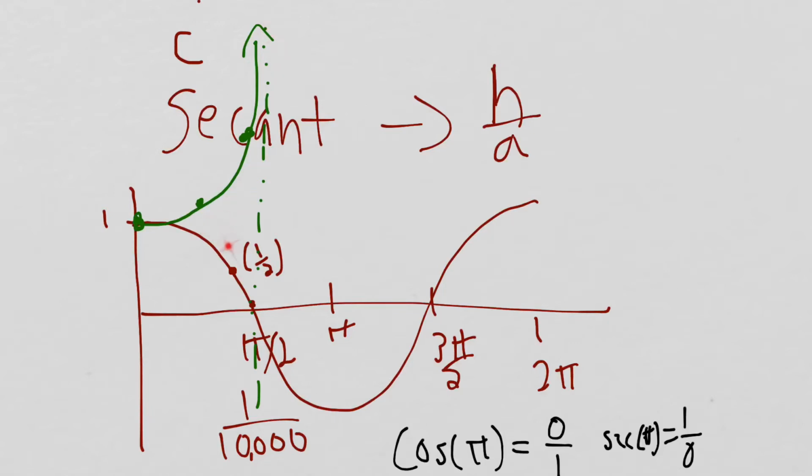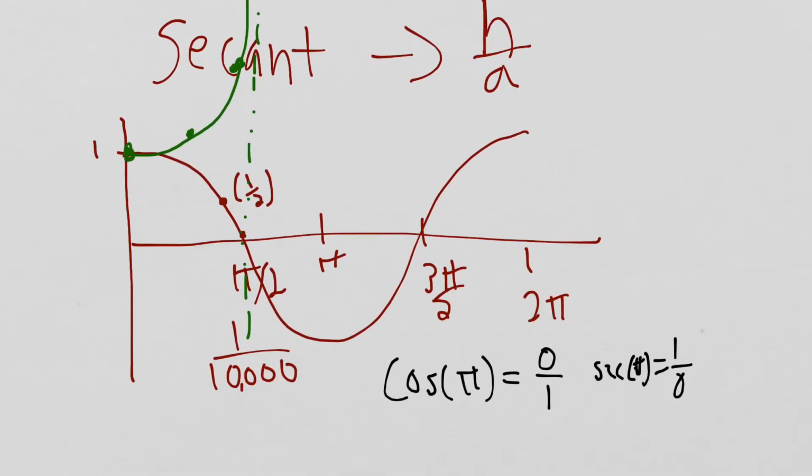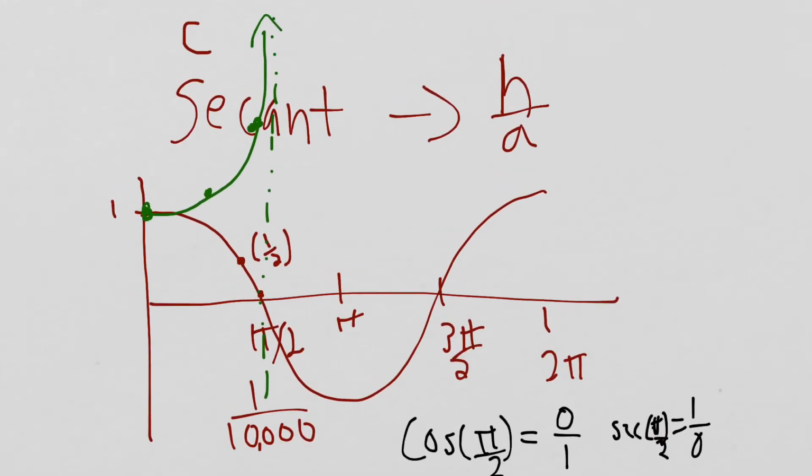So as cosine gets smaller, secant has to get bigger. And then at pi over 2, where cosine is 0, in terms of the unit circle it's 0 over the hypotenuse of 1. So secant of pi over 2 is going to be 1 over 0, which is undefined. So there's a vertical asymptote at pi over 2 for secant. So as cosine gets smaller, secant gets bigger.